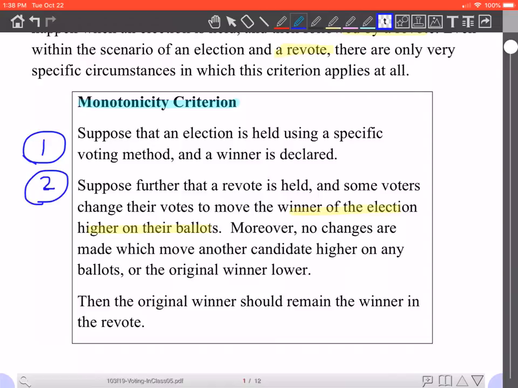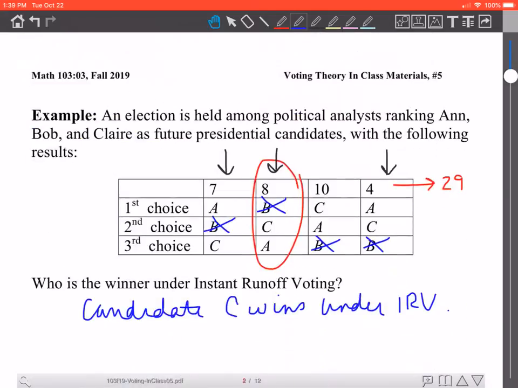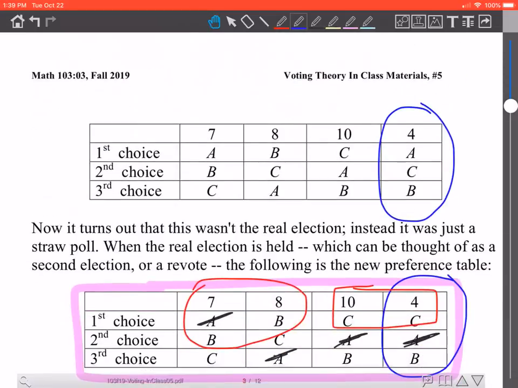There needs to be a revote. And then what happens in the revote is that some of the voters change their ballots, change their votes to move the winner of the election originally higher on their ballots. Then you redo the voting method, same one you used the first time to figure out who the winner was, and you expect that the original winner should remain the winner in the revote. And if they don't, like we just saw in our example, that's a violation of the monotonicity criterion.